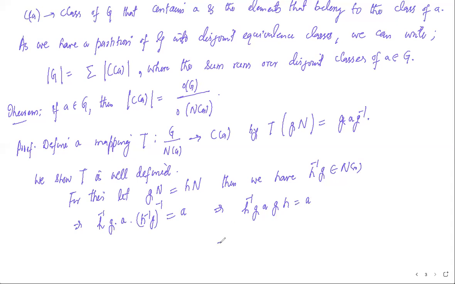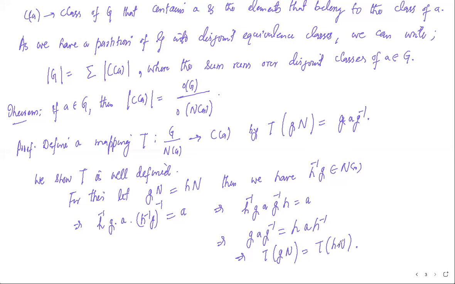Then by some more computations we will get g a g inverse is equal to h a h inverse. So this implies T(gN) is equal to T(hN). So this means that the mapping T is a well-defined mapping.